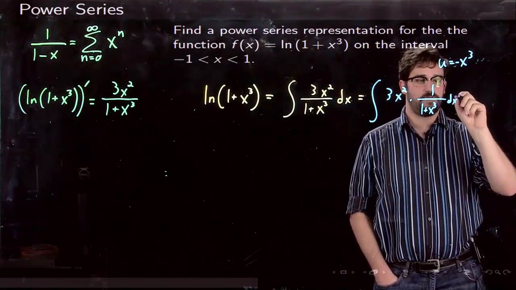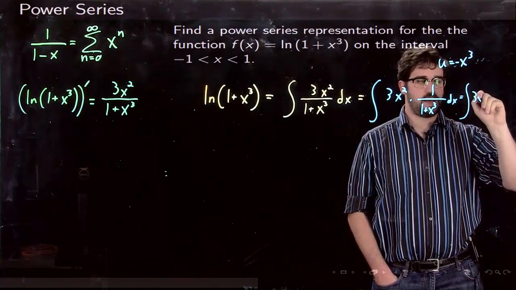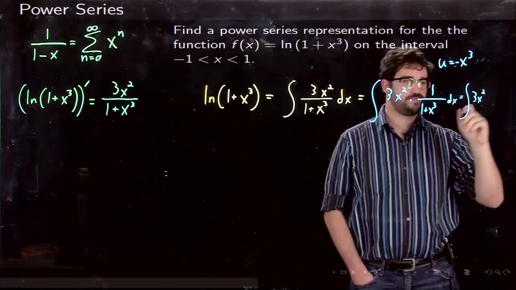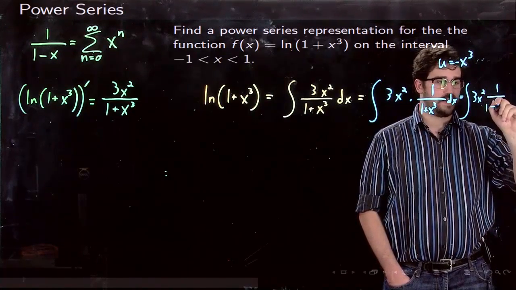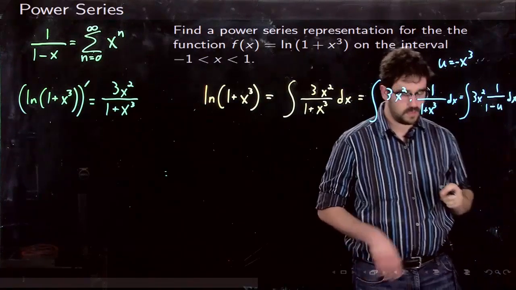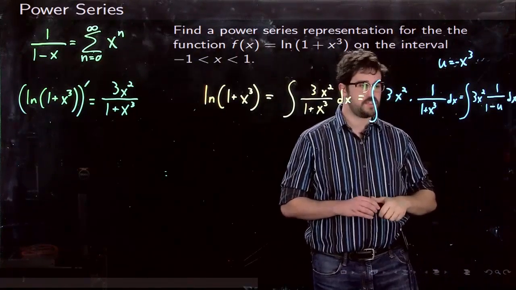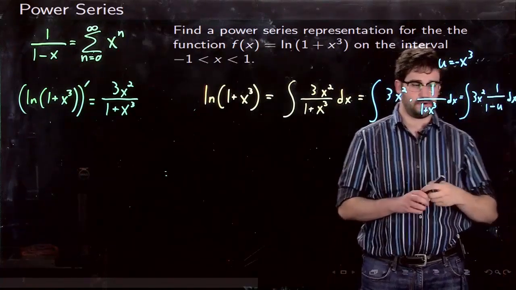So this is equal to the integral of 3x squared times 1 over 1 minus u dx still. Then we're going to move down, and this is what we can convert to our power series.